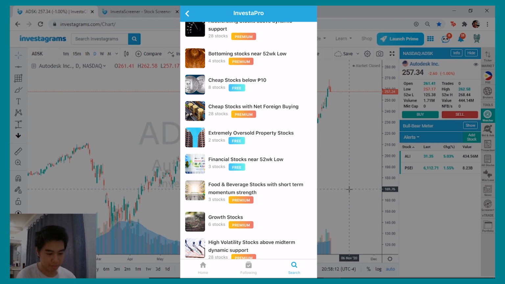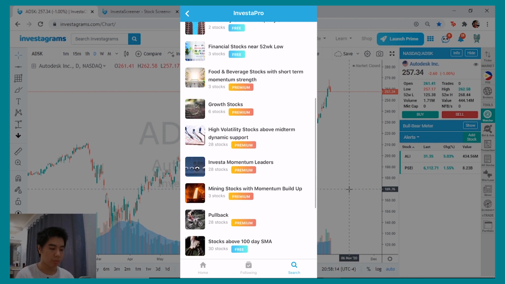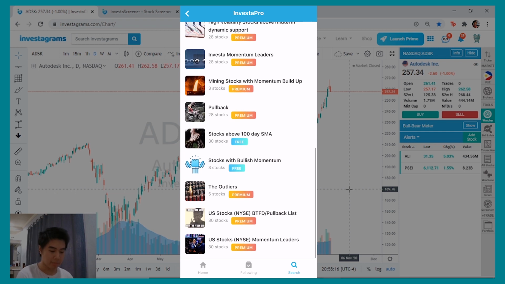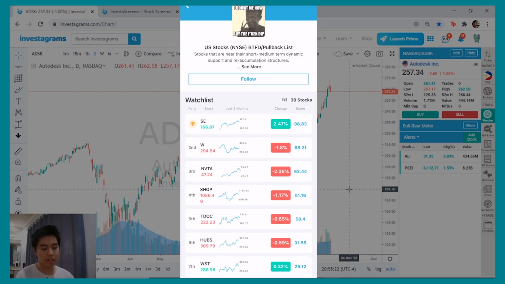So nandito siya sa lower right side. So merong free version, and meron ding premium version. Sa premium, di ba, nakadagdag na rin kami ng US stocks. So what does the Investa Pro do? The Investa Pro, basically, meron kaming mga proprietary algorithm that instantly screens for stocks in whatever parameters na meron dito.